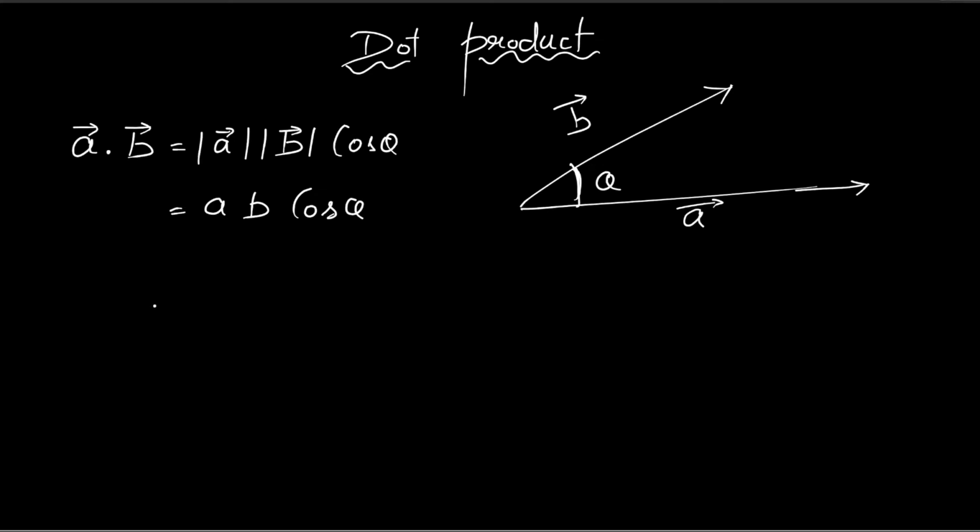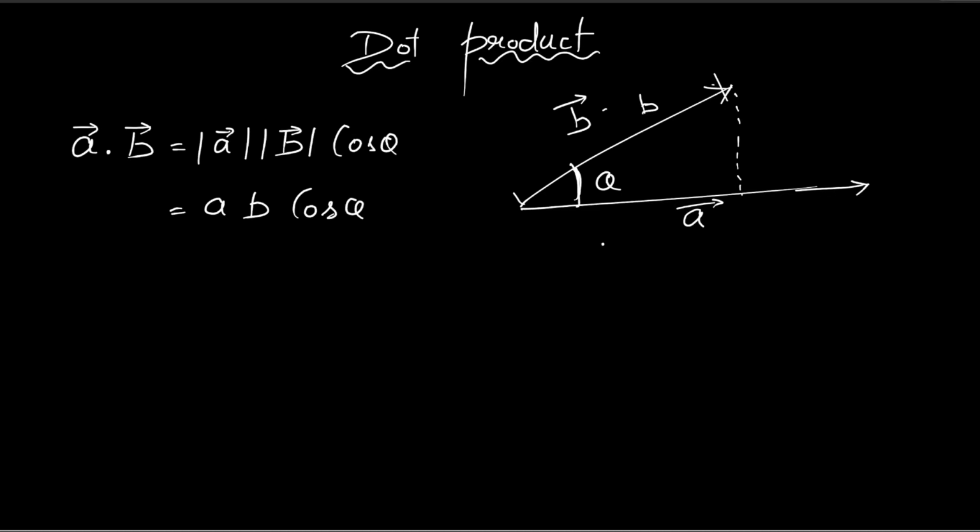The geometrical interpretation: let's suppose this is the B vector, with its magnitude represented by the length of this arrow. Then what is the projection, the component, in the A vector direction?